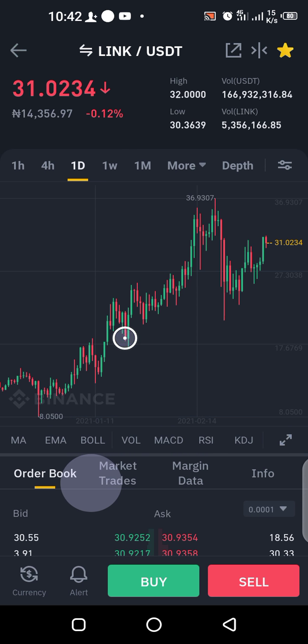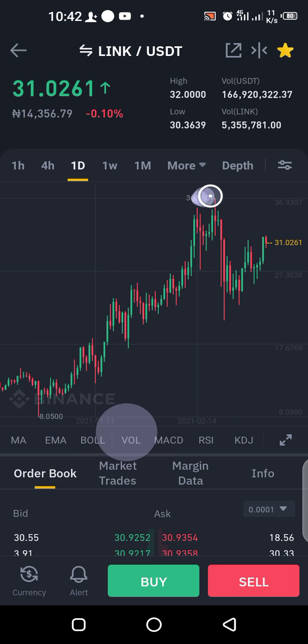Price was rejected here again and formed another resistance. Rejected here again, another resistance. Rejected again, another resistance at this level. Now the price trended down again, got rejected, and also formed another resistance.